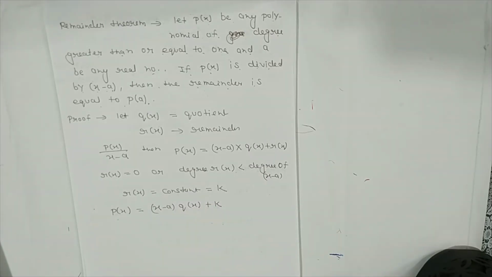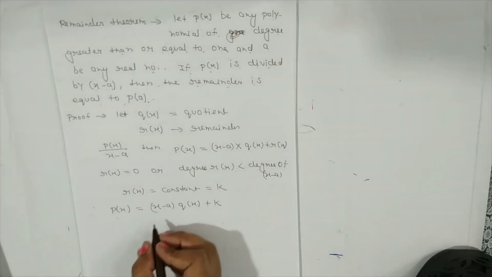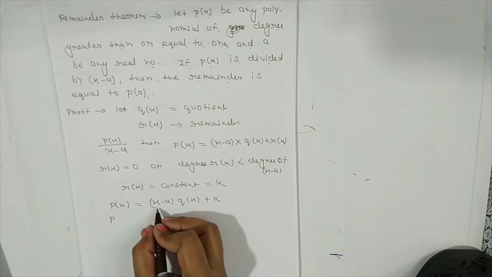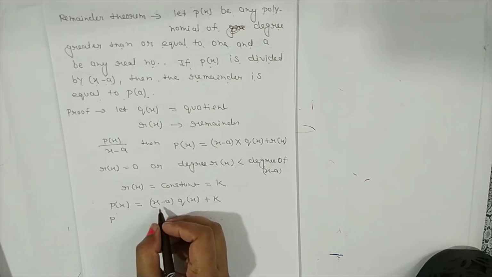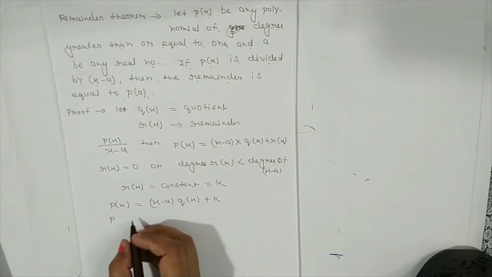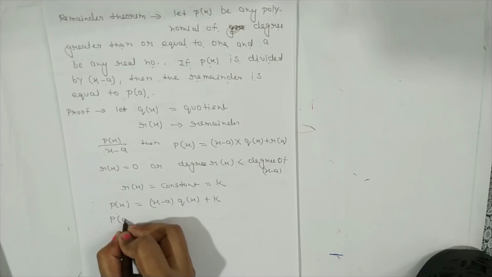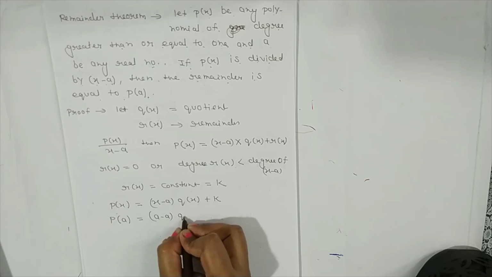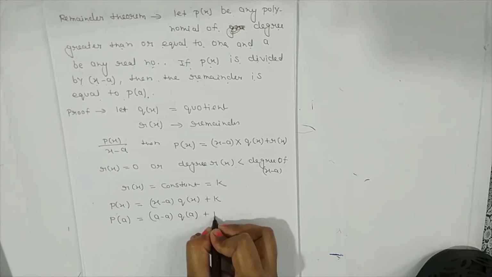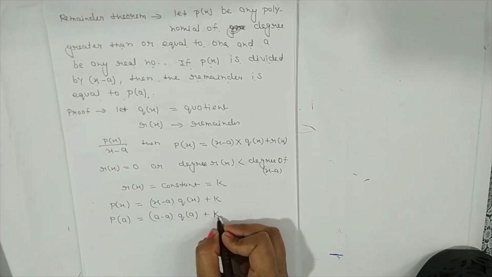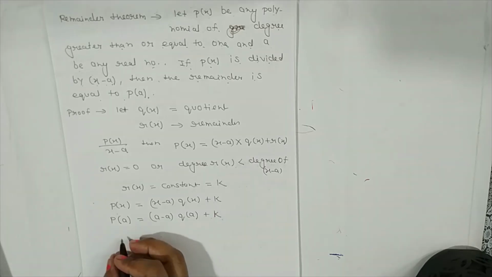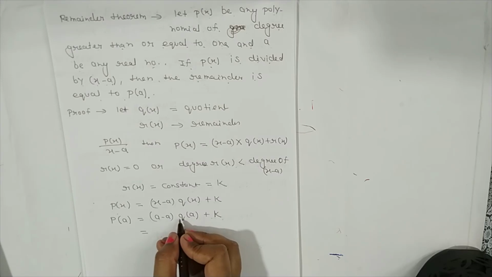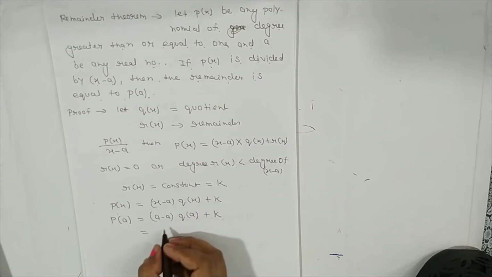Now we put x equal to a. So p of a is equal to a minus a times q of a plus k. Why? Because we are finding the value of k. So a minus a is 0, and 0 multiplied with any number is 0.